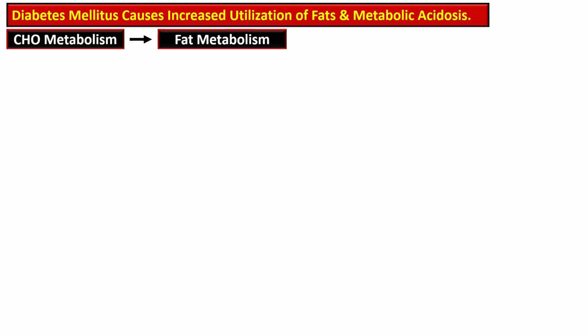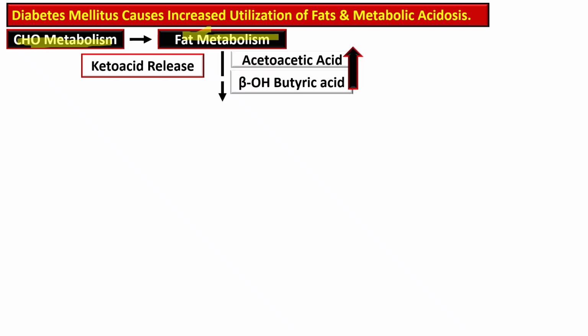So in diabetes, or lack of insulin, there is a shift of metabolism, and this shift is from carbohydrate metabolism to fat metabolism. So now the cell begins to rely on fat metabolism for energy, leading to increased breakdown of fatty acids, and as a result there is increased production of acetoacetic acid and beta hydroxybutyric acid.